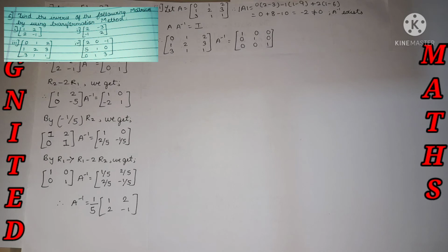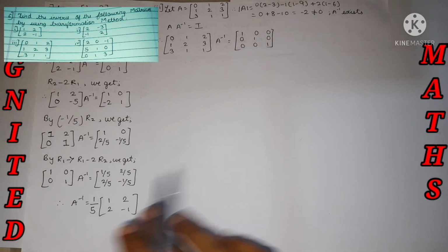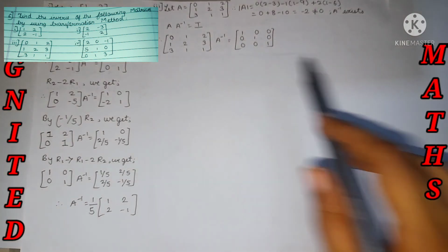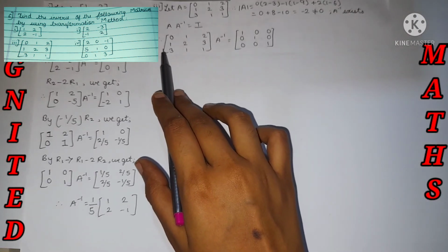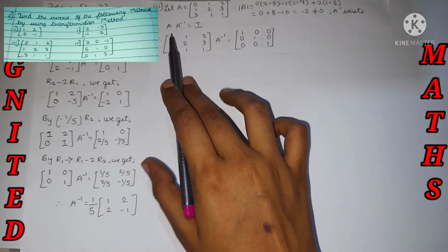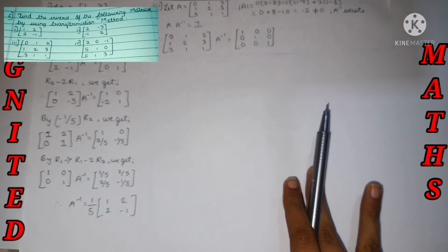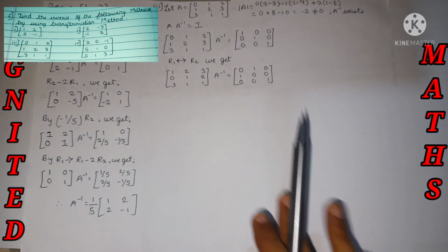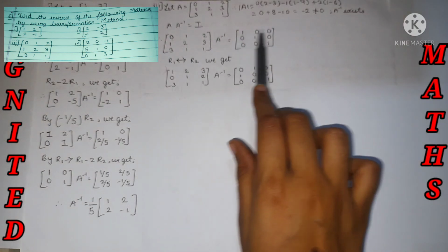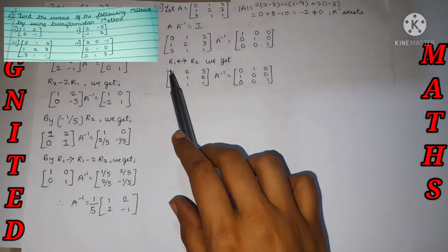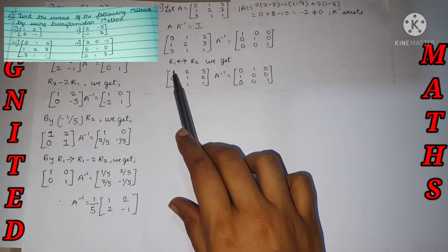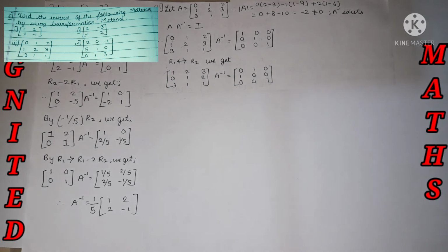So for that purpose I'll do the transformation row 1 interchange to row 2. If we interchange it, we will get the value as 1. Each and every element will be interchanged, over here also, so that we can find it very easily. During the transformation it is the most important step.